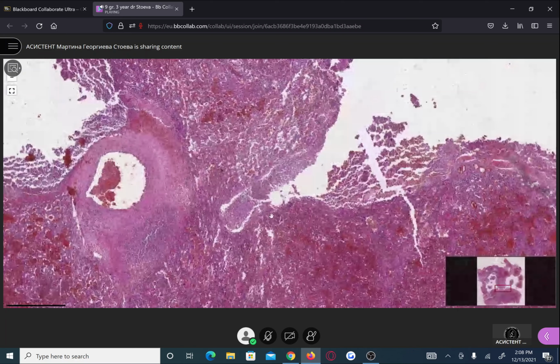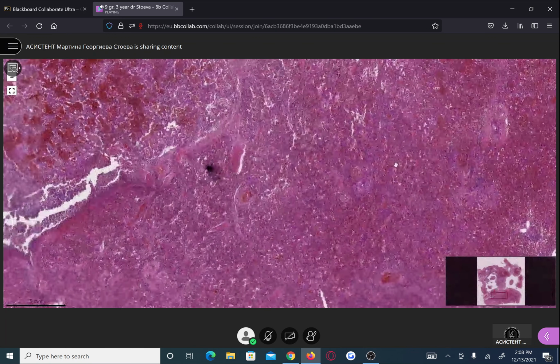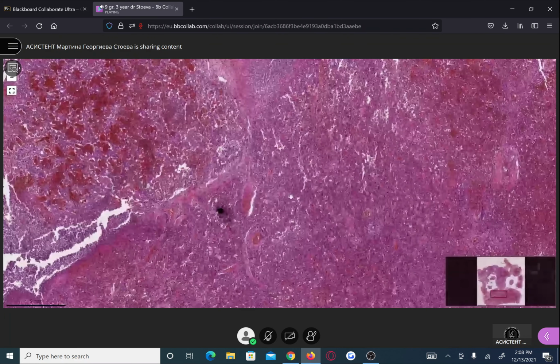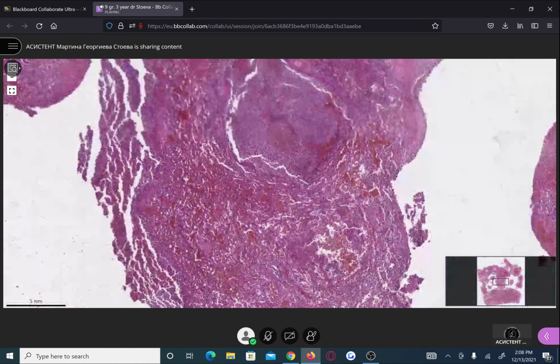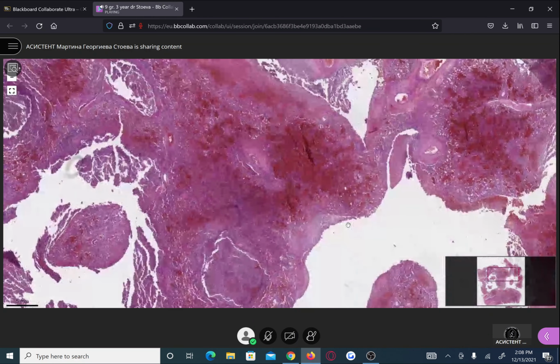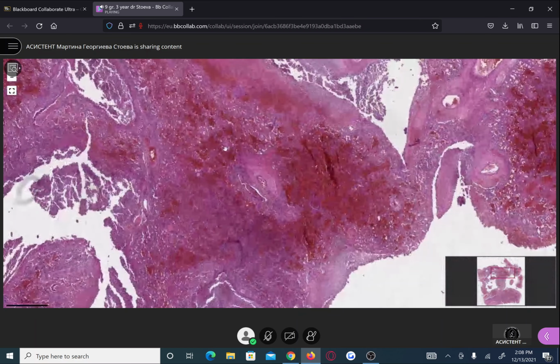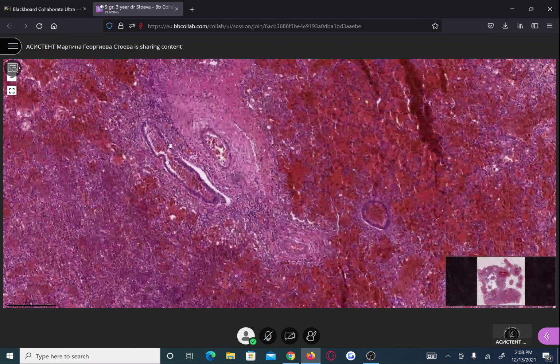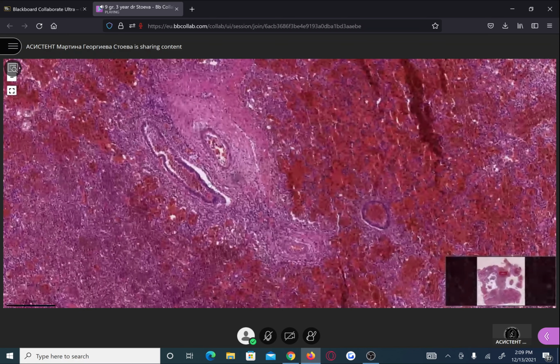You need to use medium magnification. And at this medium magnification, it's easier, I think, here at the upper side to see two lumina with dark peripheral areas.